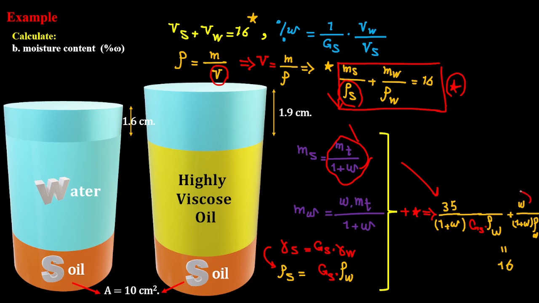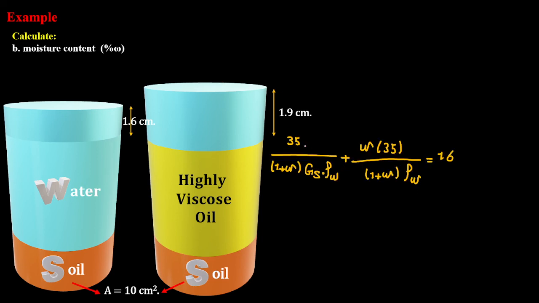I think it should be w times 35. So the summation of them should be equal to a numeric value of 16. Yes, that was correct: 35 plus 35w.